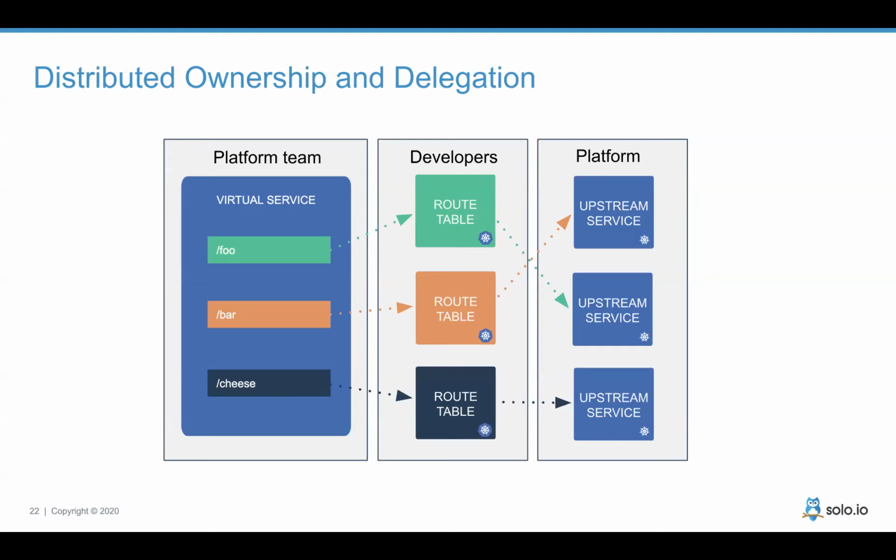So this is another option for distributing the ownership and decentralizing the management of all these configuration objects. And that's critical for making this work at scale with large applications and hybrid, complex environments, and as you're onboarding new services and bringing up new development teams over time.